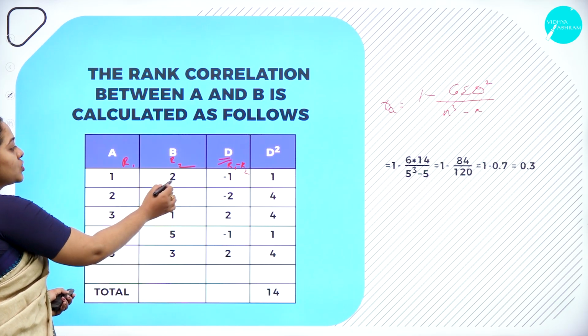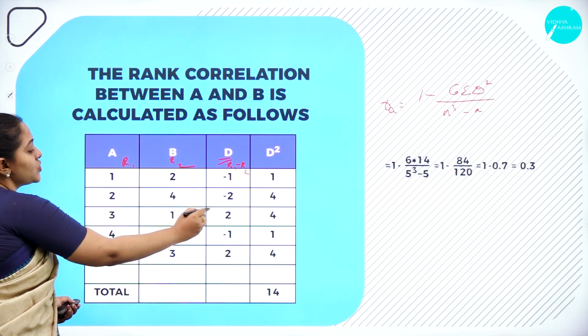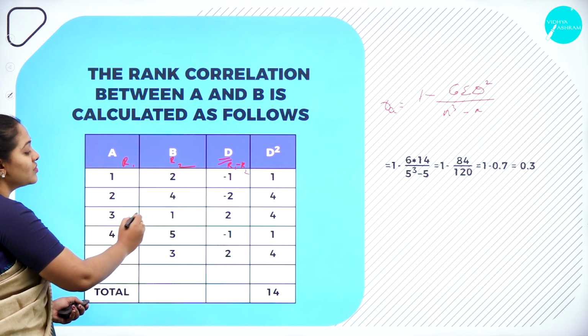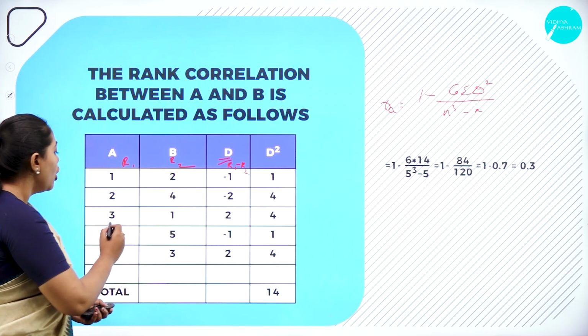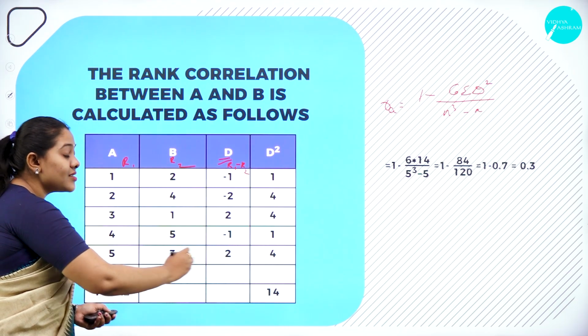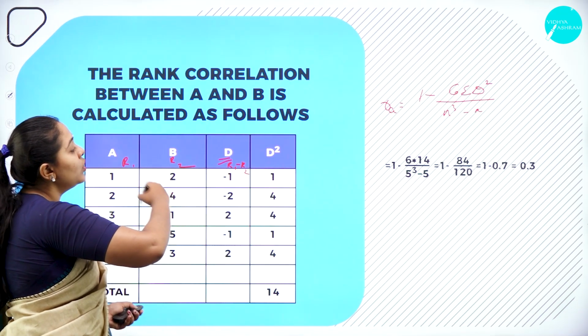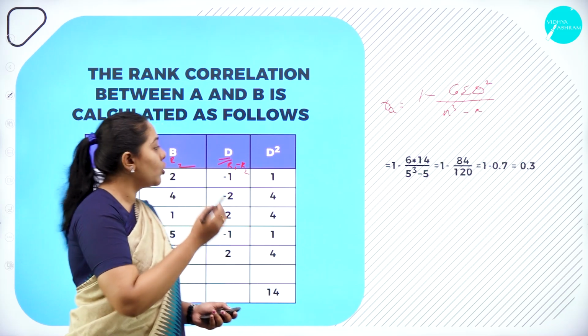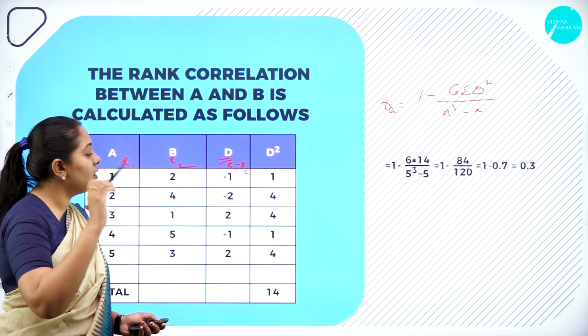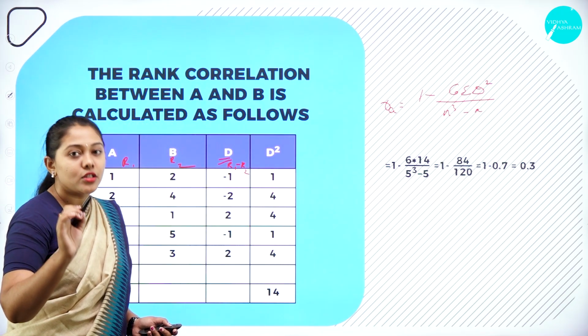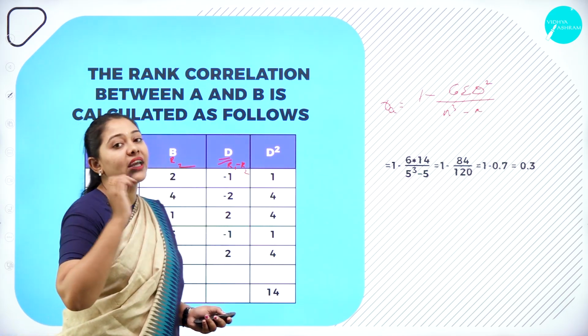So 1 minus 2 is minus 1, 2 minus 4, that is minus 2, 3 minus 1, that is 2, 4 minus 5, it is minus 1 and 5 minus 3, it is 2. If you square it, d square, 1 into 1 it is 1, 2 into 2 it is 4, 2 2s are 4, minus into minus is plus.